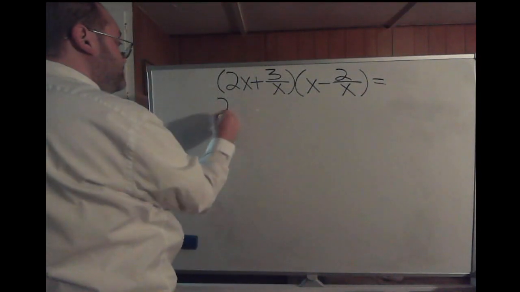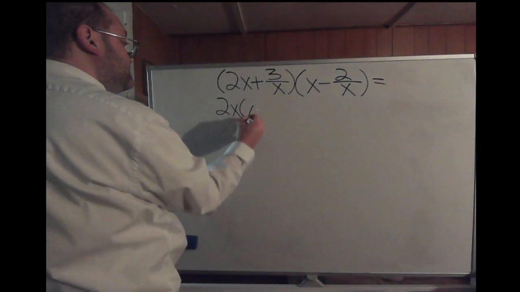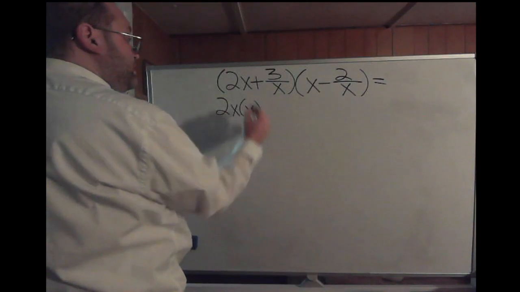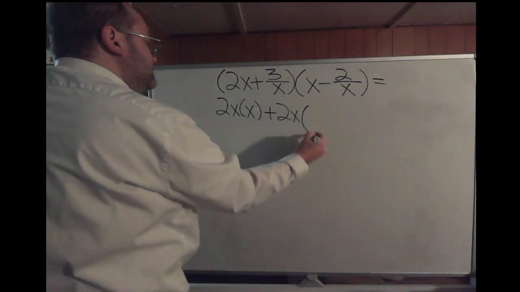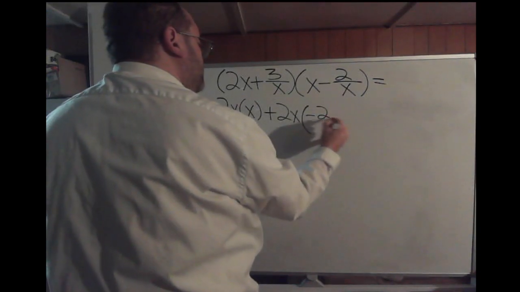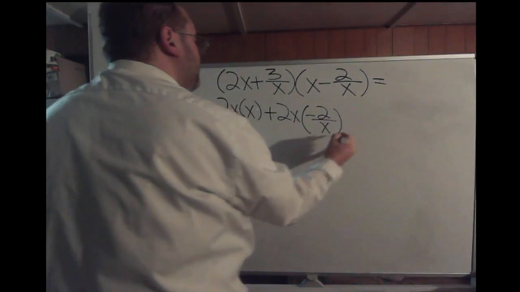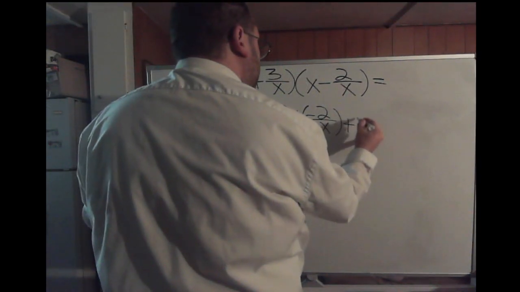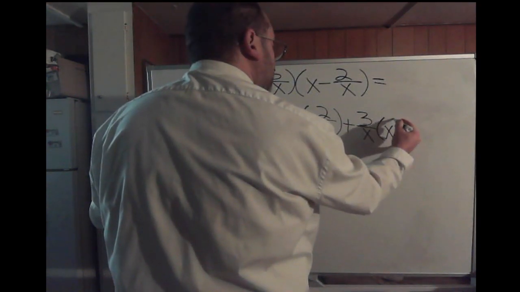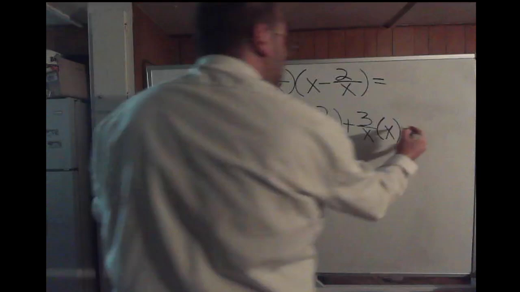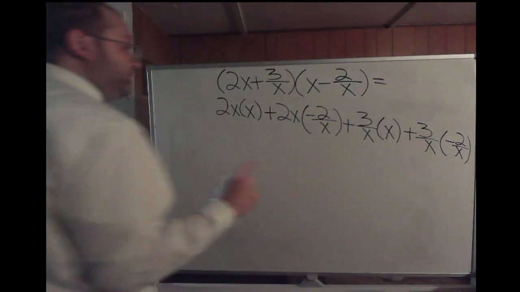You'll just take your 2x times your x, then you have plus 2x times negative 2 all over x, plus 3 all over x times x, plus 3 all over x times negative 2 all over x. So there's the foiling for that.